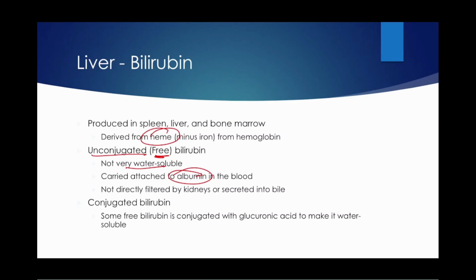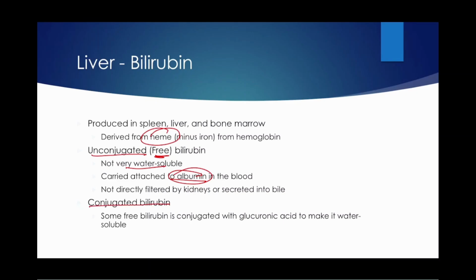Because this is attached to a protein, can it get into the kidney? Nope. Or be secreted in the bile. So it just stays trapped in the blood, bound to that protein, and it floats around.